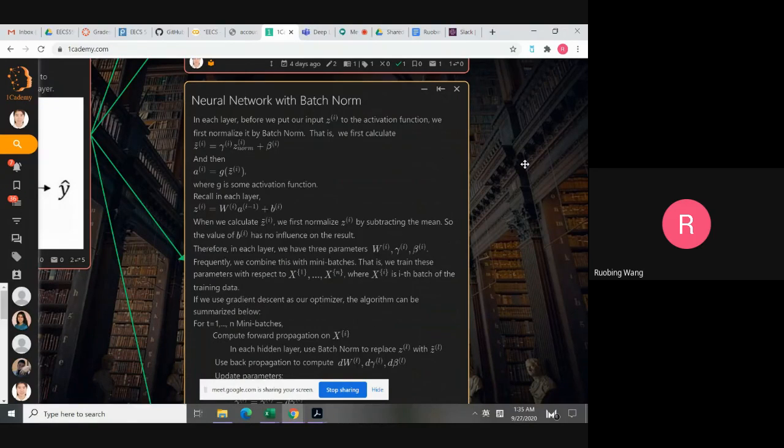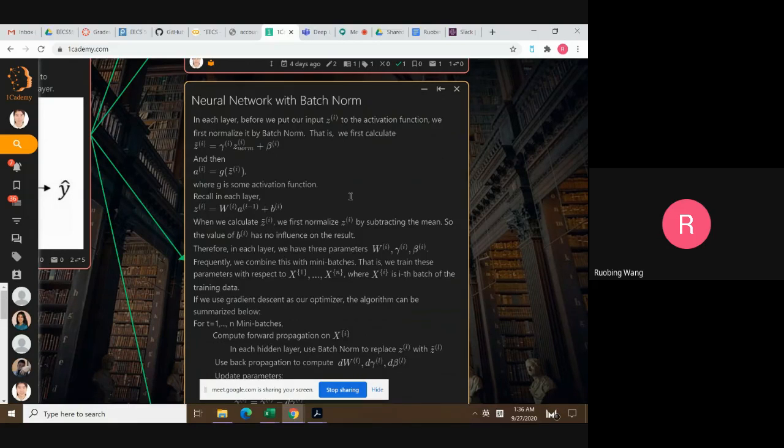That is, we first calculate z tilde i here, and then we use our activation g to output a_i. For each layer, we use z_i equals W_i a_(i-1) plus b_i. W_i here is the weight and b_i is the offset, and this value is coming from the previous layer.